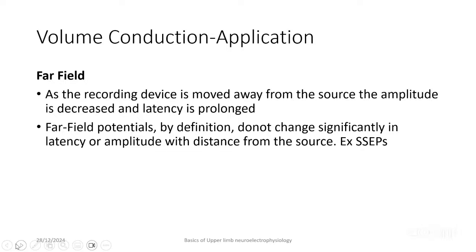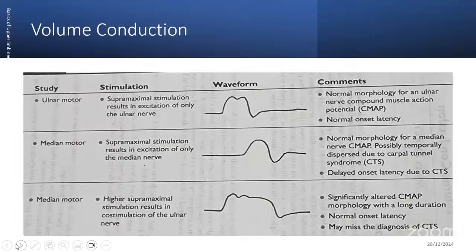With far field, as the recording device is moved away from the source, the amplitude is decreased and latency is prolonged. By definition, far field potentials do not change significantly in latency or amplitude with distance from the source. That is, somatosensory evoked potentials, visual evoked potentials, and brainstem auditory evoked responses are all far field potentials.